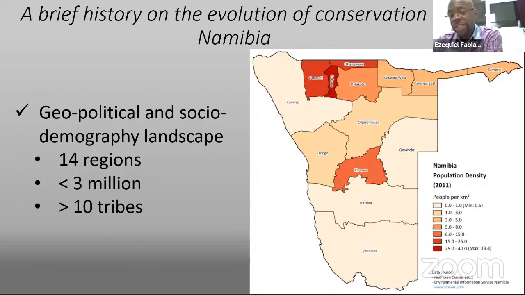Now, this has implications, as we see later on, in terms of interactions with wildlife, because areas with higher human density are more likely to result in higher human-animal interaction.